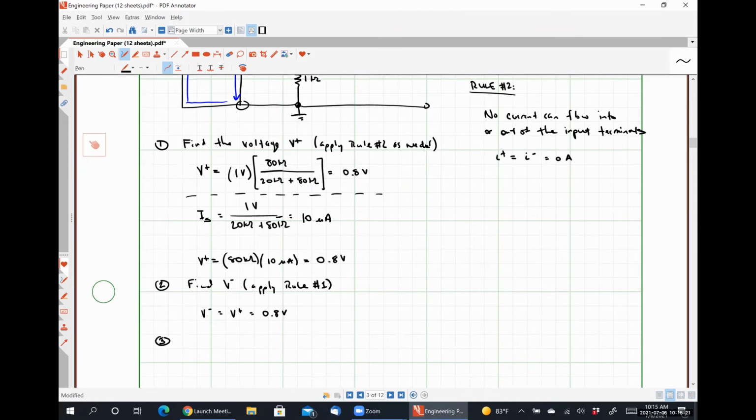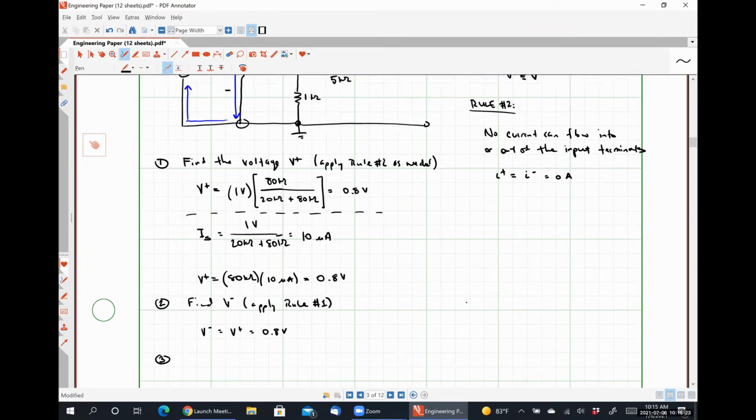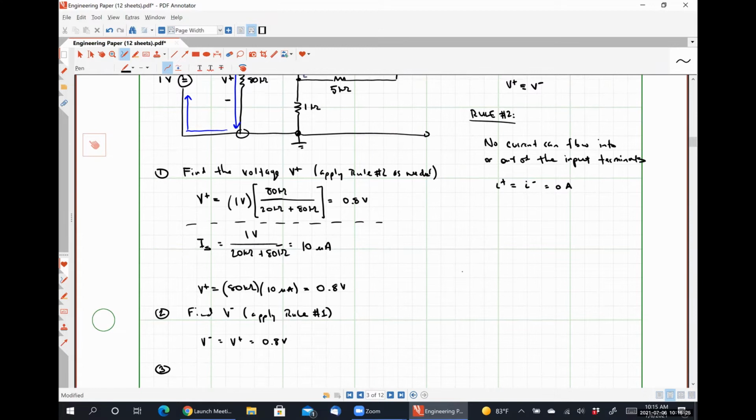What is step number 3? Apply KCL to figure out V out.